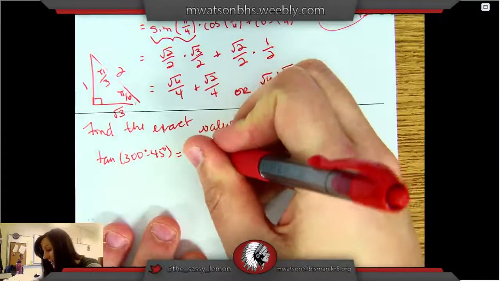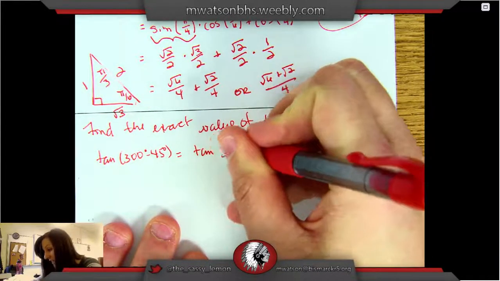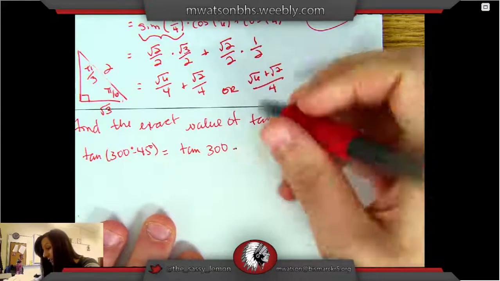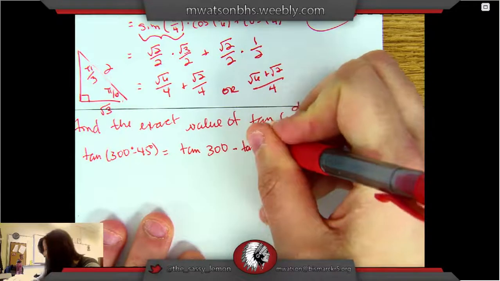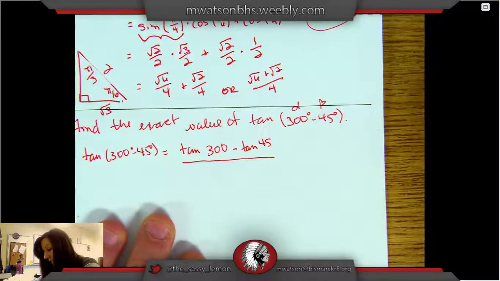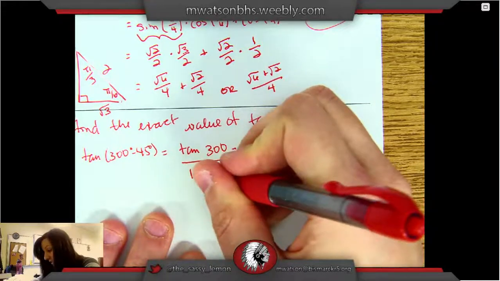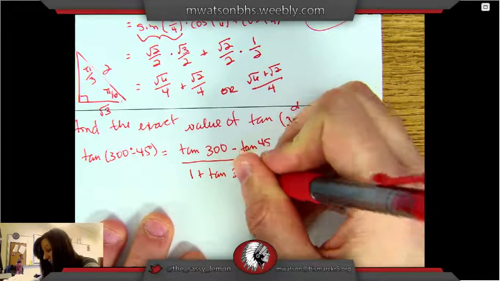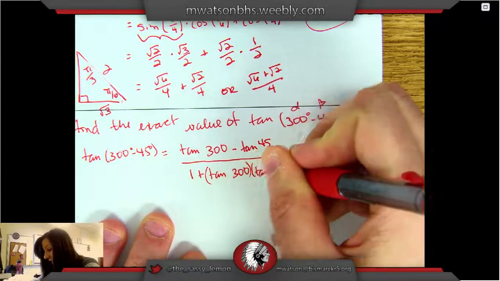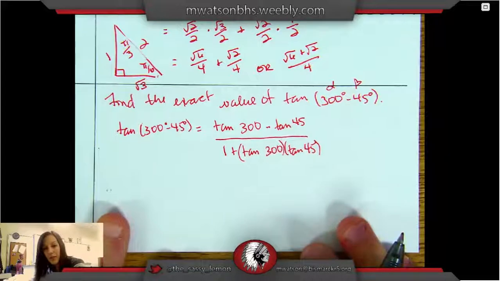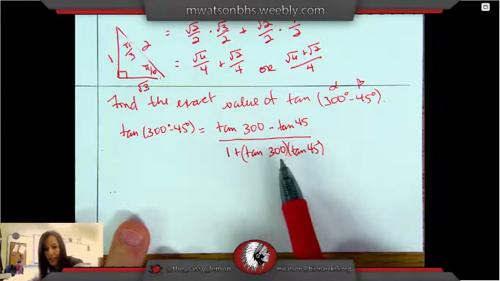So my alpha is 300, so I'm going to write tangent of 300 minus tangent of 45 divided by 1 plus tangent of 300 times tangent of 45.